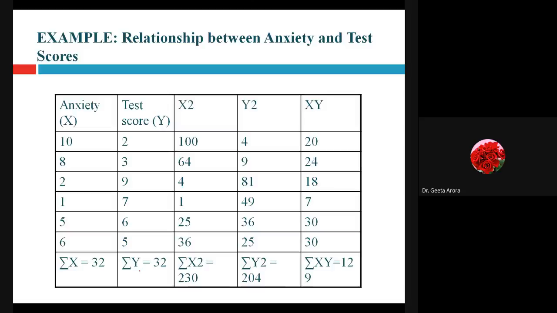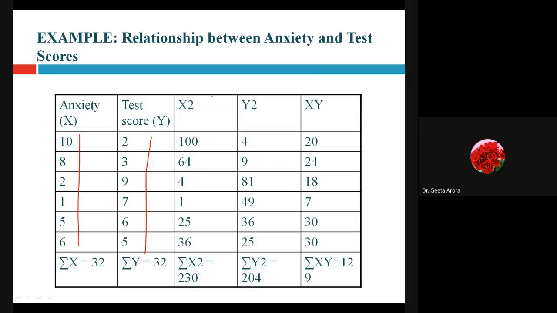So here we have taken X as anxiety and Y as test score. We are looking at whether these two things depend upon each other or not, so we can take one as independent and one as dependent. Here we have taken the summation of X and the summation of Y, adding them all.